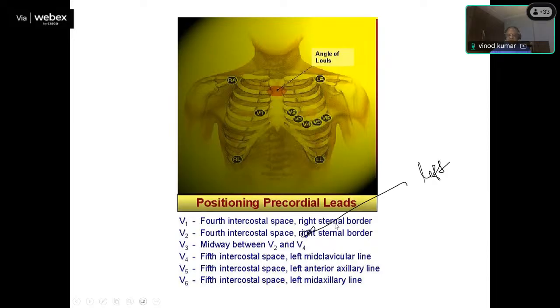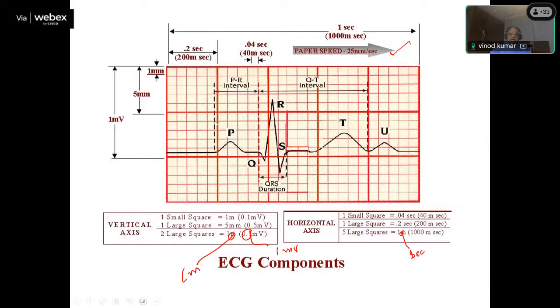You may go through it. Now, regarding the ECG signal, our interest is the magnitude of the ECG signal, this wave: the magnitude of the R wave, P wave, Q wave, that is down, minus, S wave, T wave, and U wave. Second one is the duration of the wave. So the P wave starts from this point and ends at this point.